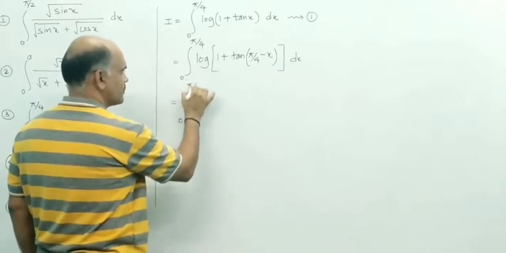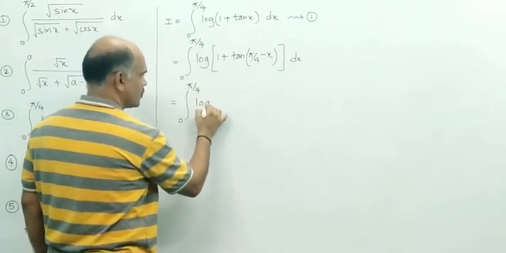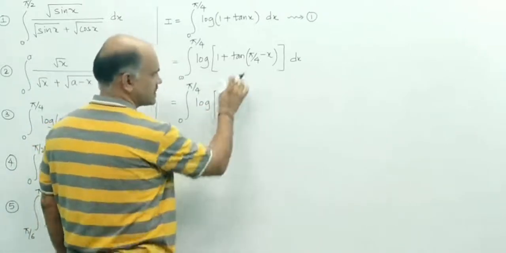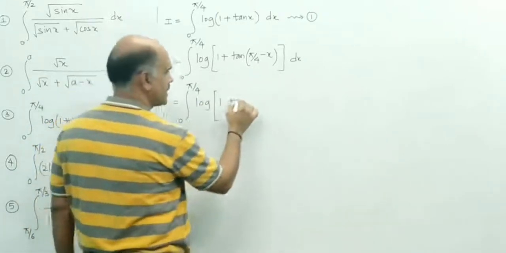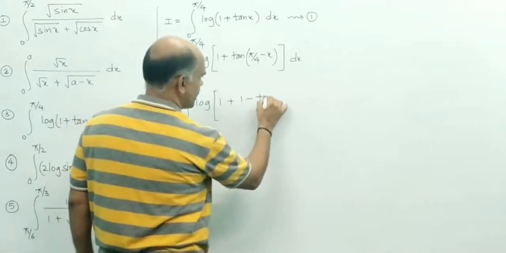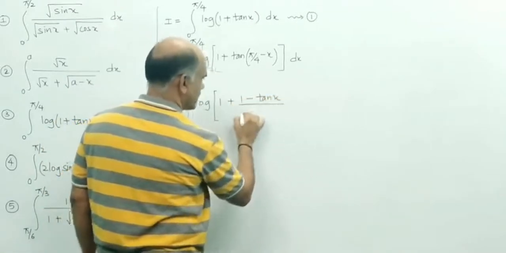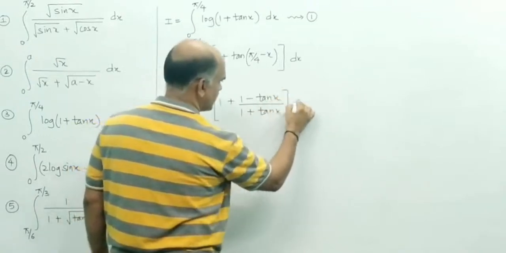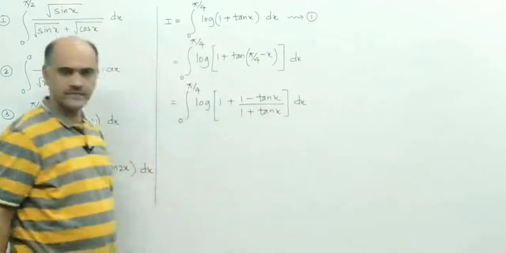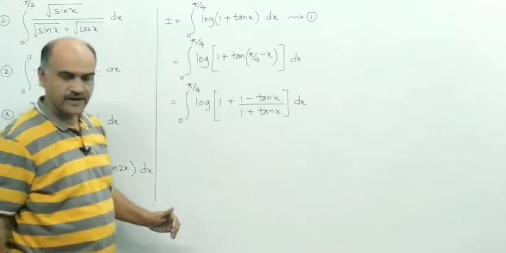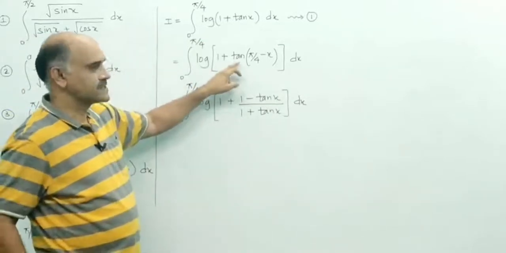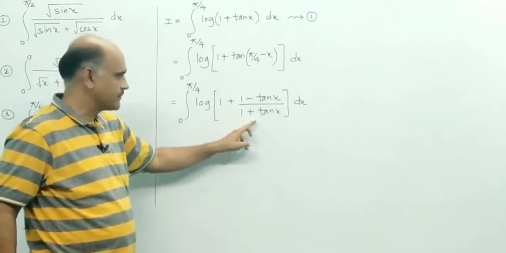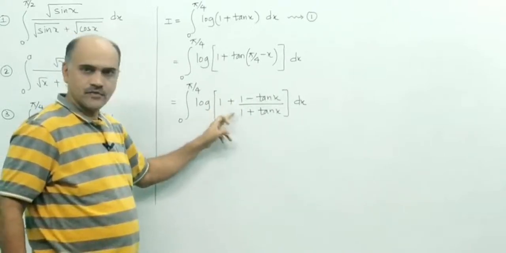So 0 to pi by 4 log into bracket 1 plus tan pi by 4 minus x is 1 minus tan x divided by 1 plus tan x bracket complete dx. So tan pi by 4 minus x I have written as 1 minus tan x by 1 plus tan x. Now take LCM over here.